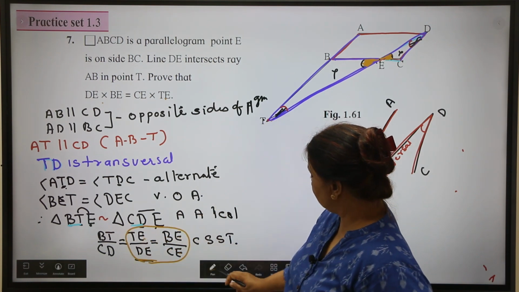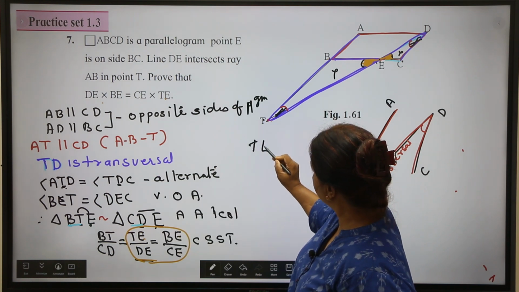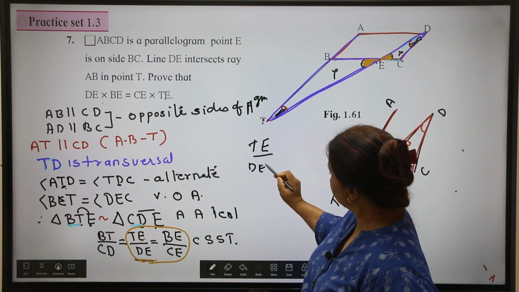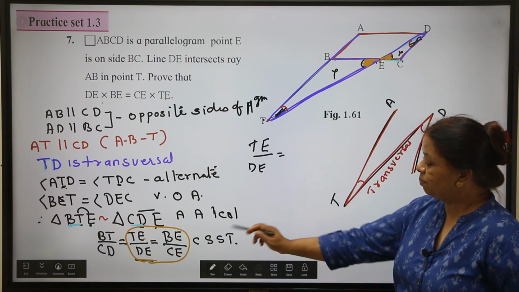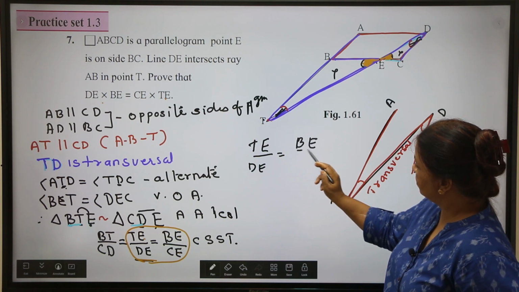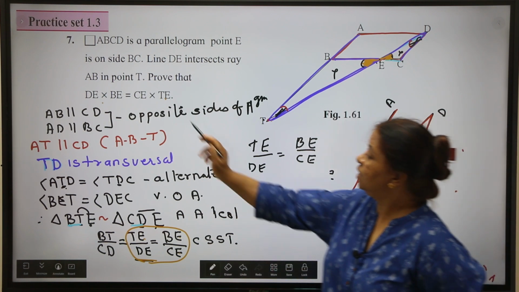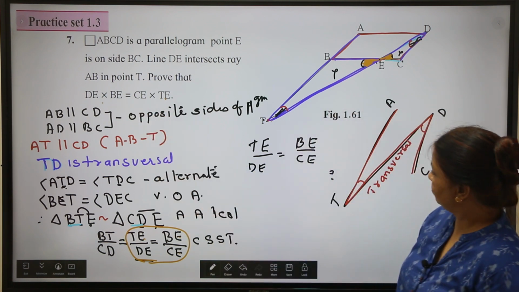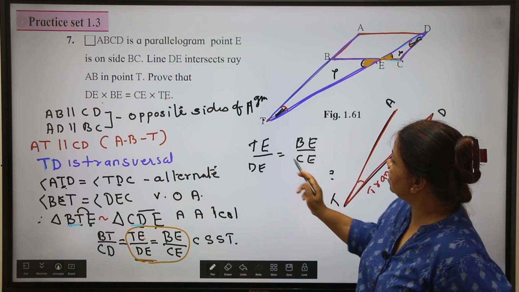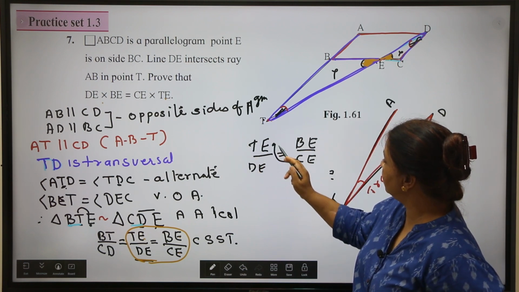Now I will be taking these ratios here. TE upon DE, see, is equal to BE upon CE. But what I want is BE into DE and TE into CE. See, TE is already there, CE will go with this TE.